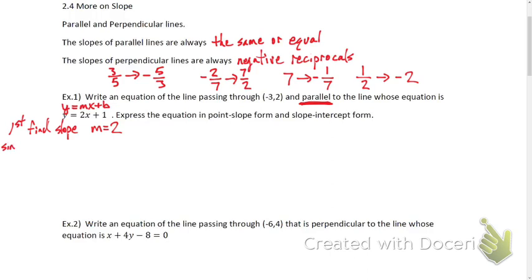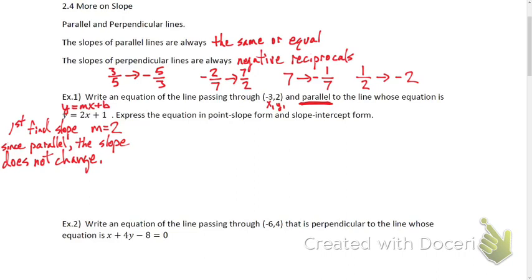Since parallel, the slope does not change. And I have my coordinate right there, negative 3, 2. That's x1, y1.